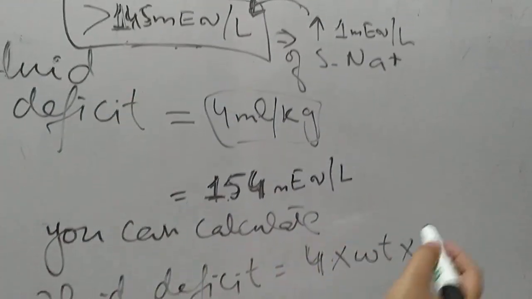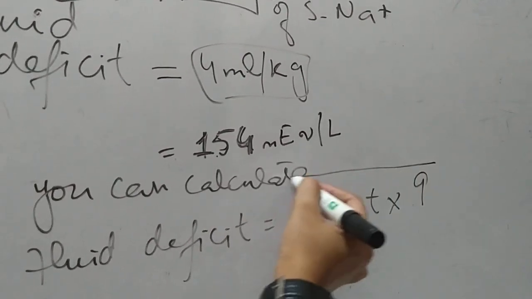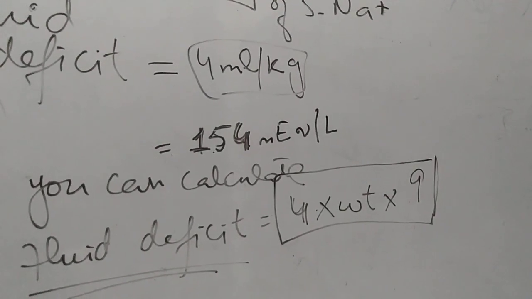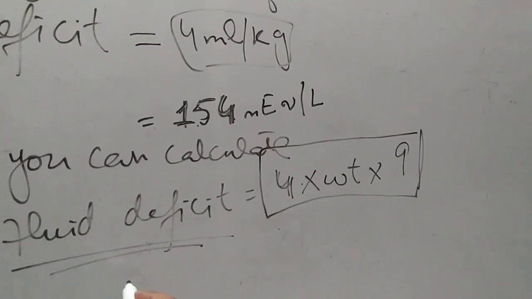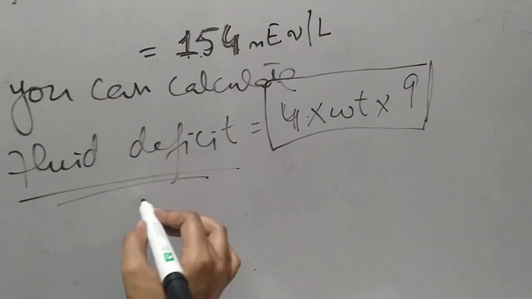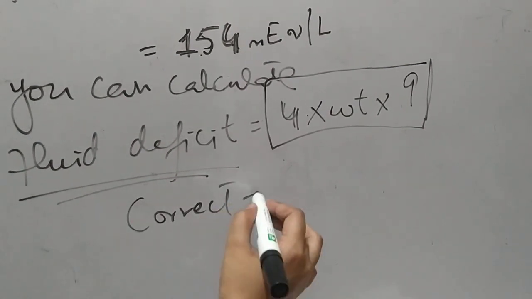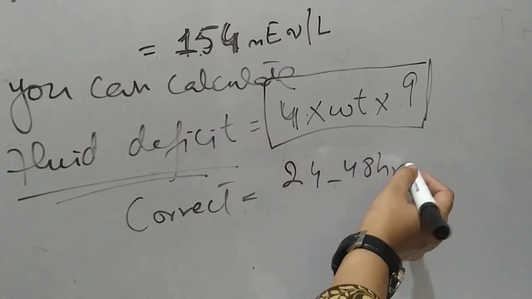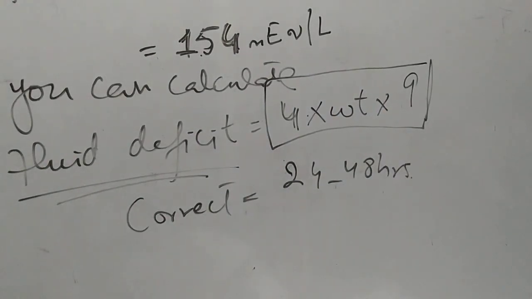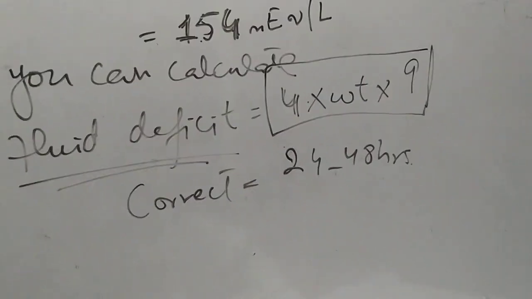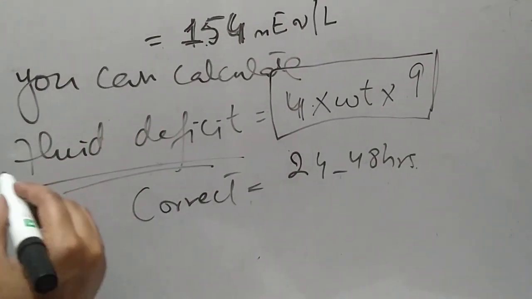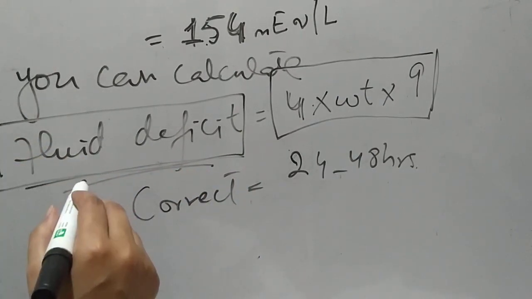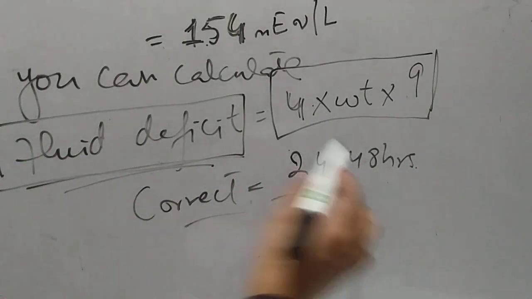With this value of 9 you can calculate the fluid deficit of your patient. So correction time is the same: correct this fluid deficit over 24 to 48 hours, because replacing free water loss is our first goal, and the second goal is to maintain sodium balance in the body.